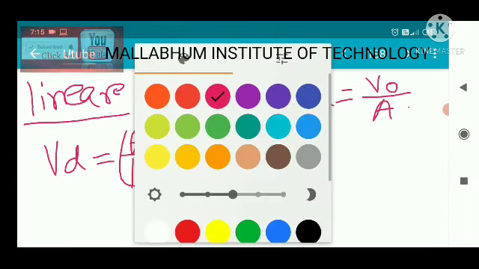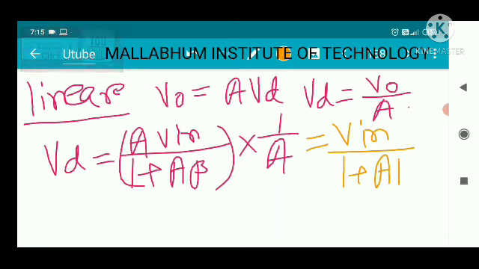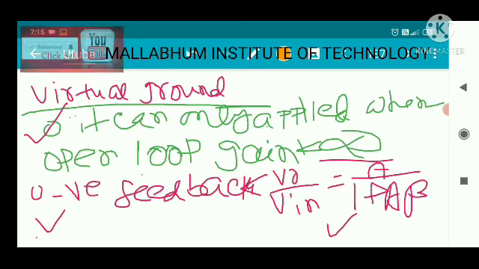Okay, hope you can understand this equation very easily. Now if you just simplify this equation, this is V in divided by 1 plus A beta. I have already said previously that the virtual ground concept can only be applied when the open loop gain is infinite.